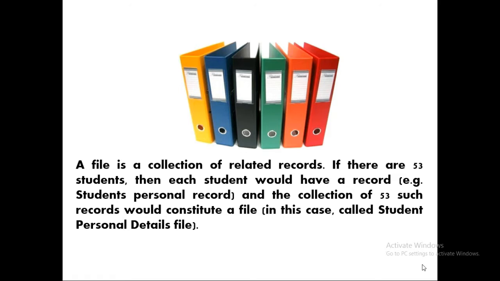Here I have given an example. A file is a collection of related records. If there are 53 students, then each student would have a record. I think you each have your individual personal record. Your counselor will ask about your family, your father's occupation, the positives and negatives of you, your marks details, and many other pieces of information are collected from you.